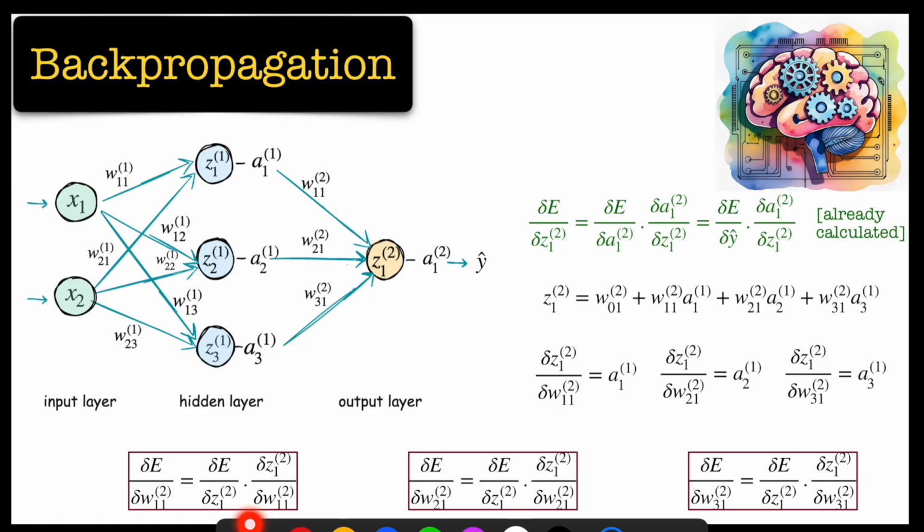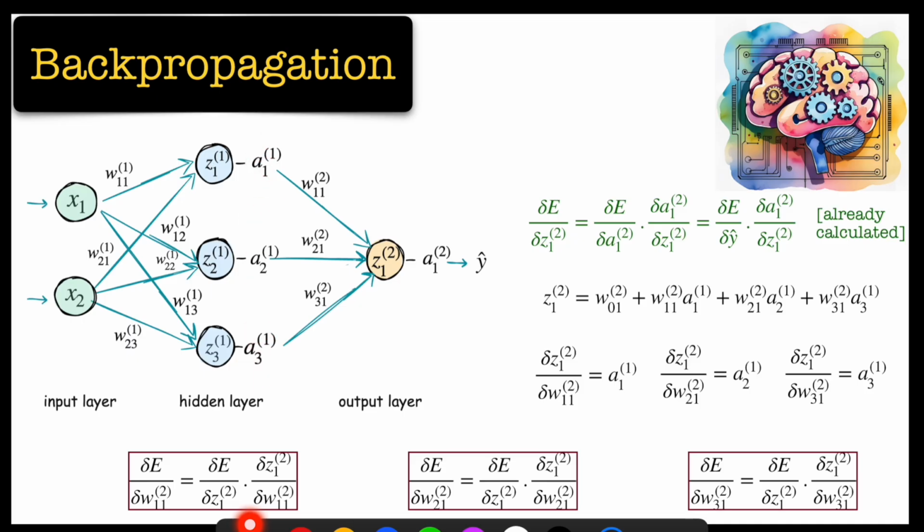Now we have to calculate the gradients with respect to these weights: del E del W112, del E del W212 and del E del W312. We'll see how we will calculate this. What is Z12? Z12 is a weighted combination of the previous layer nodes, right?